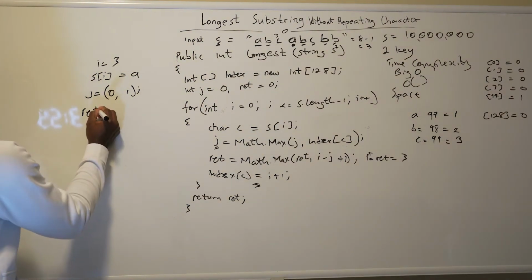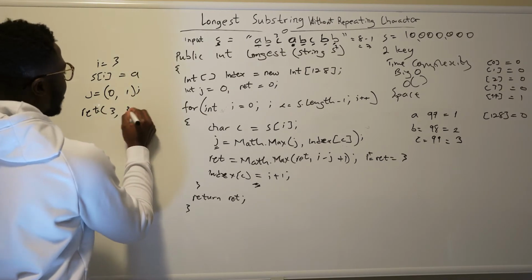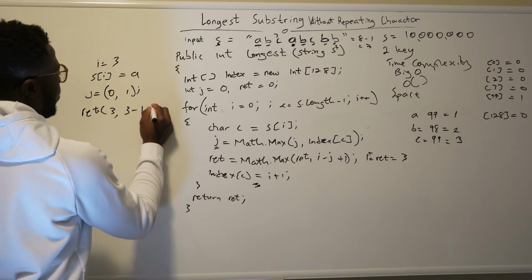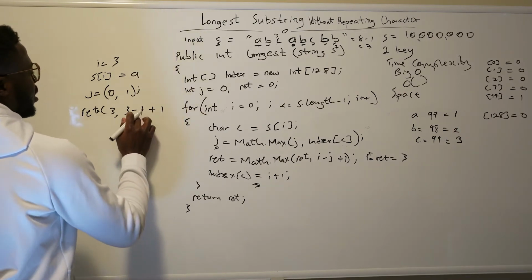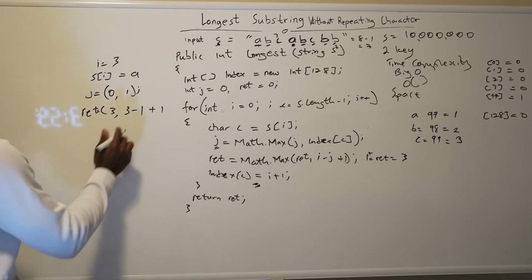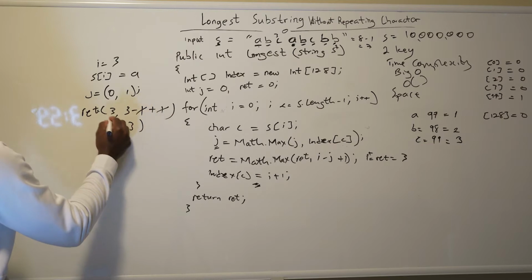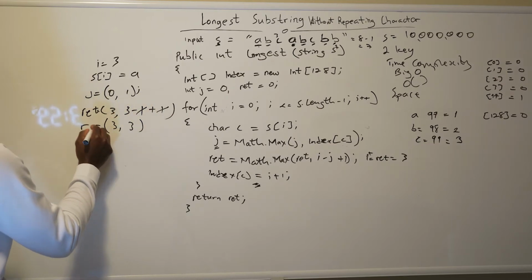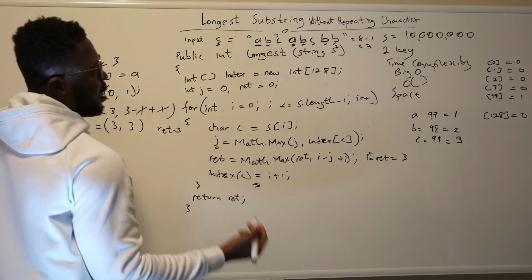We know ret is 3. I is 3 minus 1 plus 1, right? This will cancel each other out. Then it will be 3, 3. So ret keeps at 3.